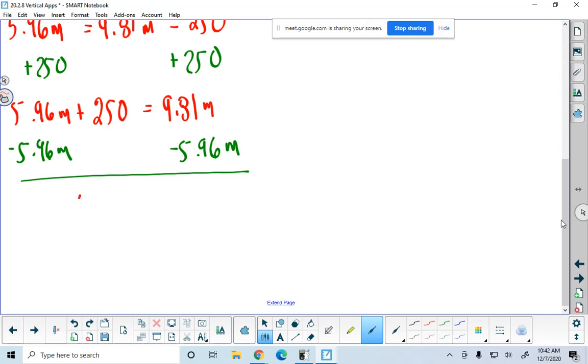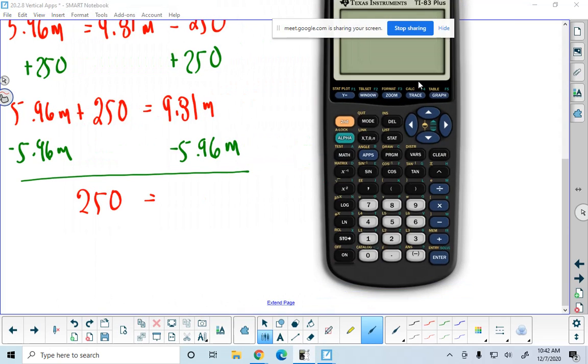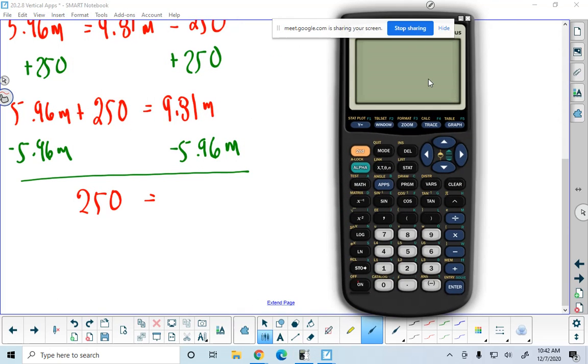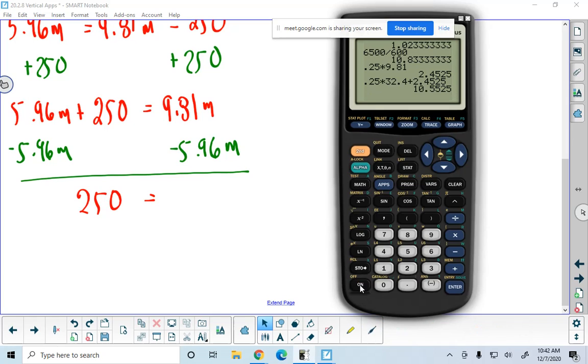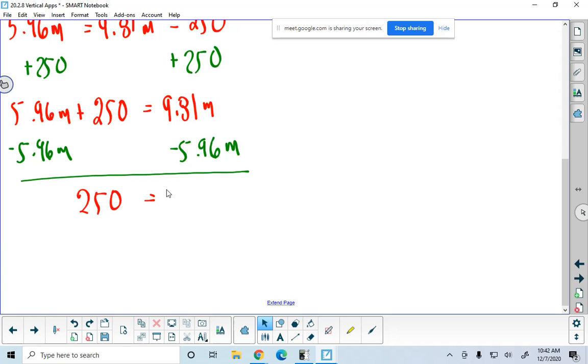I end up with 250 equals, and we have to subtract these two numbers, 9.81 minus 5.96. That is 3.85, so we get 3.85 m.